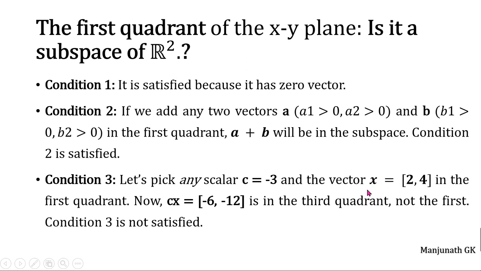This vector should fall in the first quadrant. This c can be any real number. If these two are multiplied, the resultant vector is -6 and -12, but it is in the third quadrant.